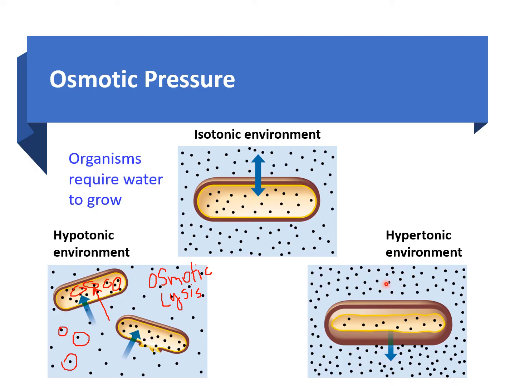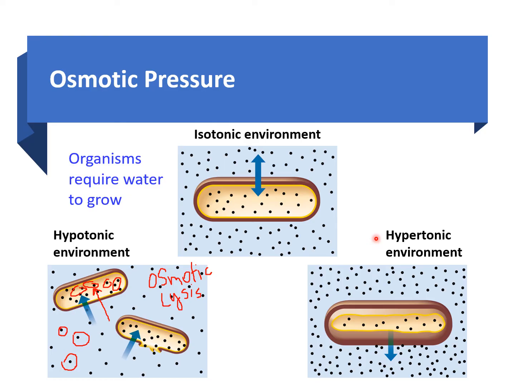Notice how the amount of solute outside is way more compared to the amount of solute inside of the bacteria. Okay, what word should I use to say that I have lots and lots of solutes, or a high amount of solutes, outside the bacteria?